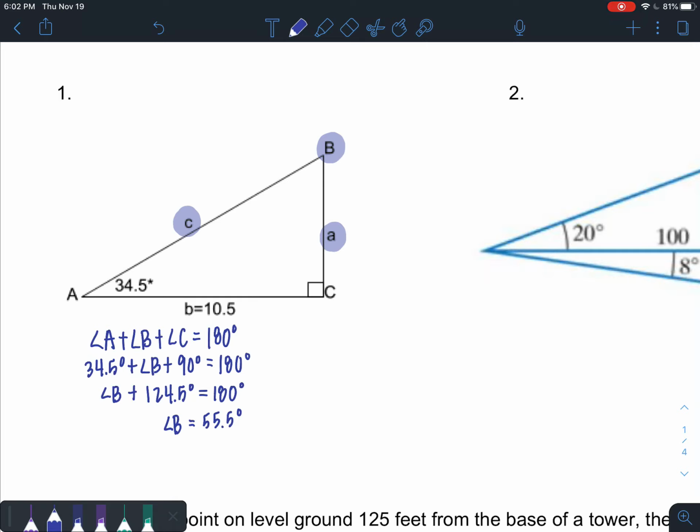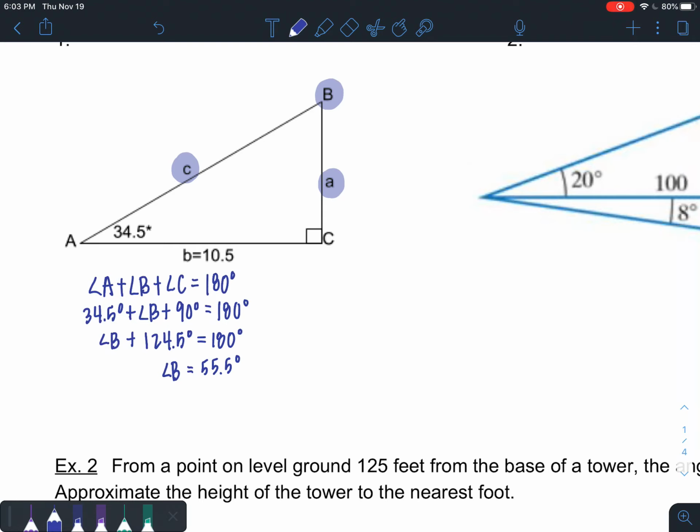Okay. Why do I feel like that's wrong? No, I think we're good. Okay, so that's 55.5 degrees. All right, and then I'm able to find these other sides using other things. And this is not a rounded value either, which is important.